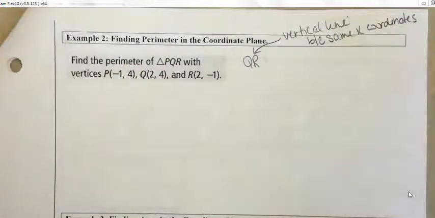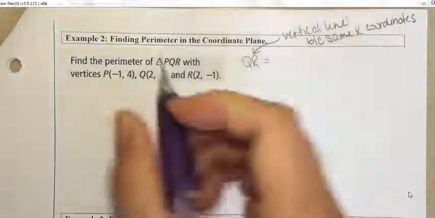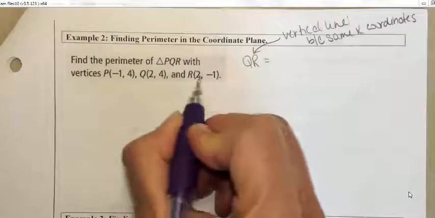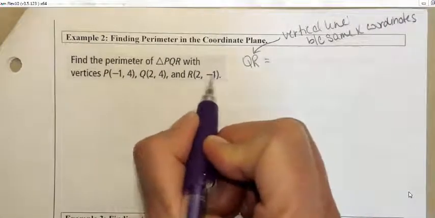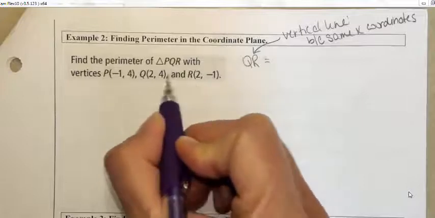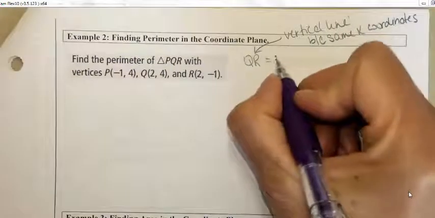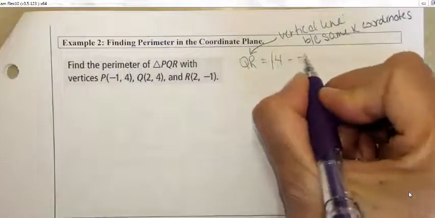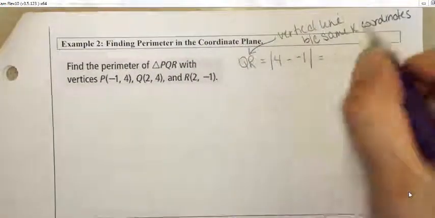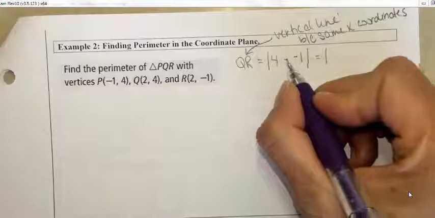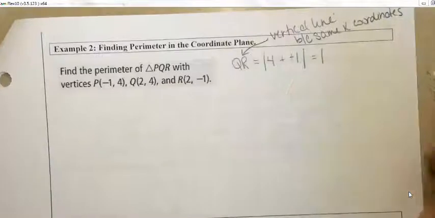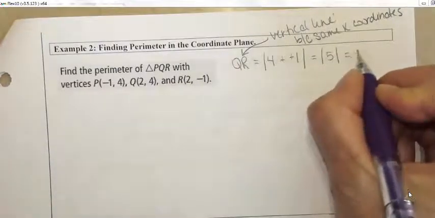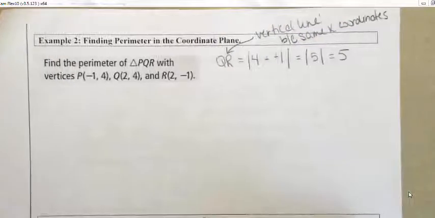Okay, so finding QR, basically if I have the same x coordinates, I'm just going to go ahead and subtract and take the absolute value of my y coordinates. So the absolute value of 4 minus a negative 1. Or in other words, that's the absolute value of, well, minus a negative is really positive, so absolute value of 5, which is just 5. Okay, so I know QR, got that really quickly.